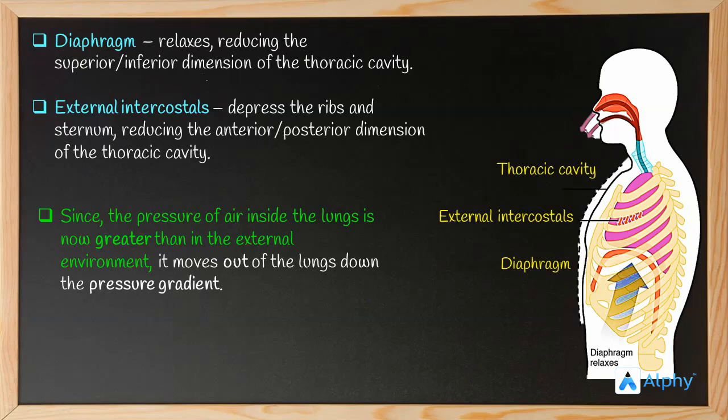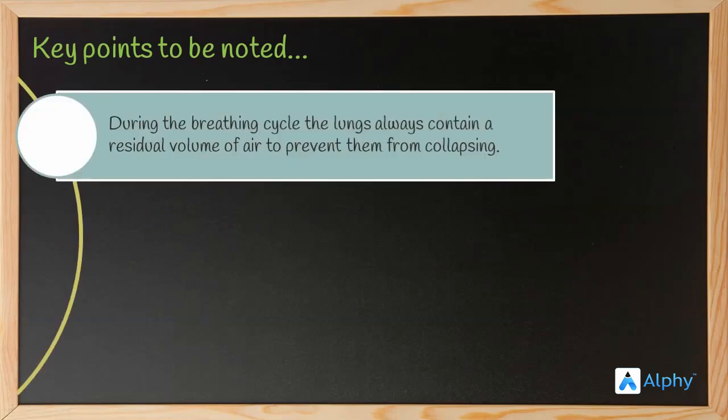Okay, now it's time for some key points to be noted. The first is, during the breathing cycle, the lungs always contain a residual volume of air to prevent them from collapsing. See, our lungs never get completely empty. Even after complete exhalation, they never get empty.